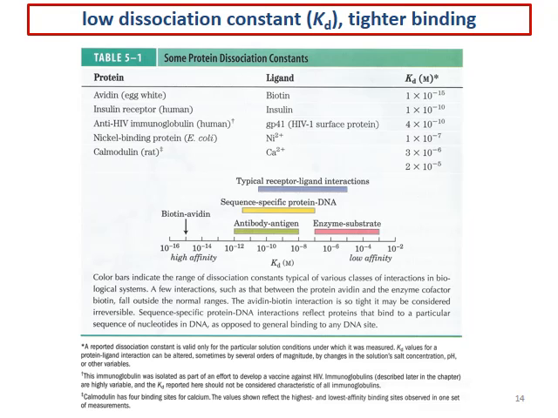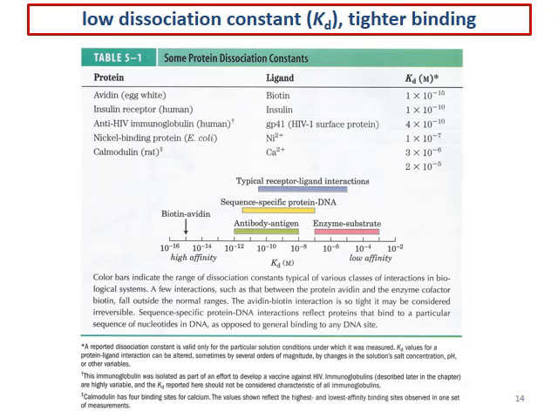Low affinity binding would be in the area of 10 to the minus 2 to 10 to the minus 6 molar. And the color bars here indicate the range of dissociation constants which are typical for various classes of interactions in biological systems. So if you look at the olive green bar, that tends to be the dissociation constant for antigens binding to antibodies, or the other way, antibodies binding to antigens.